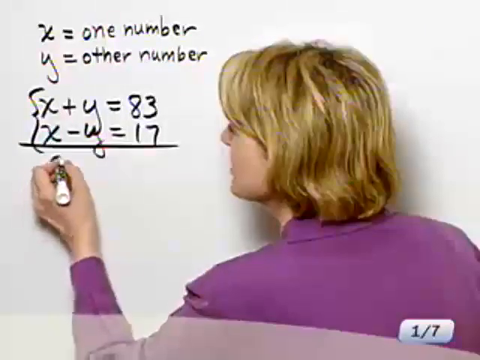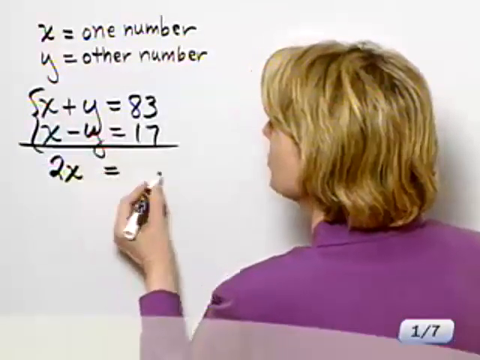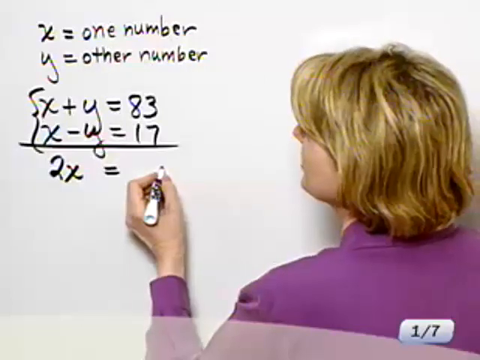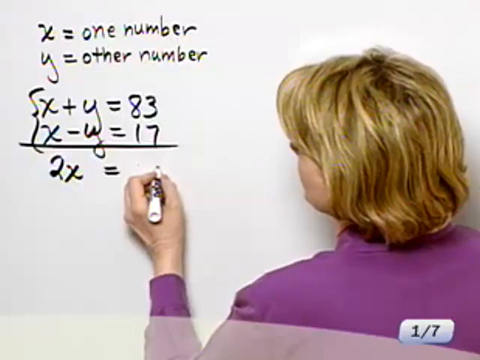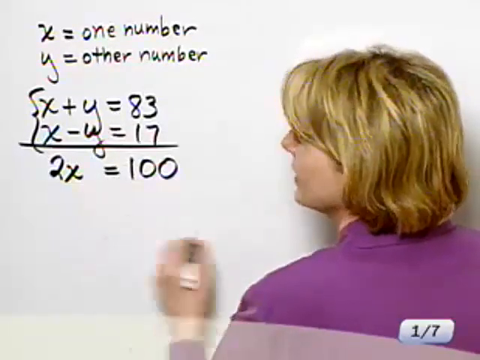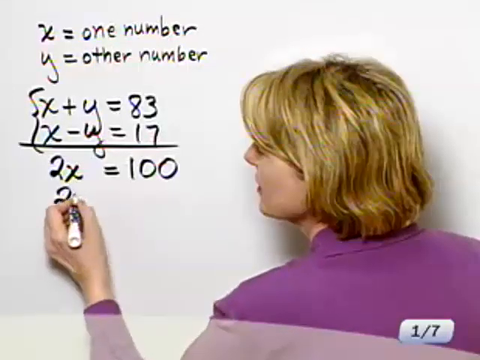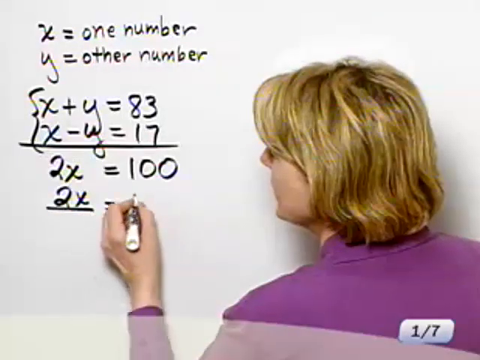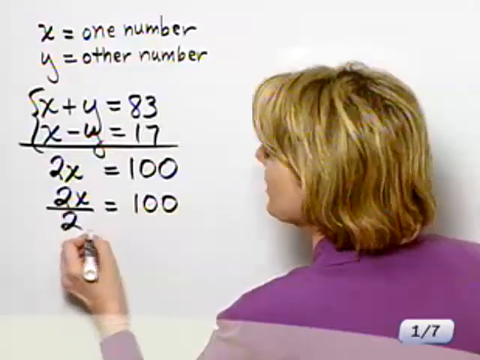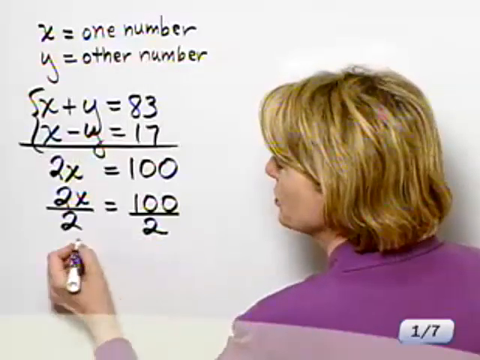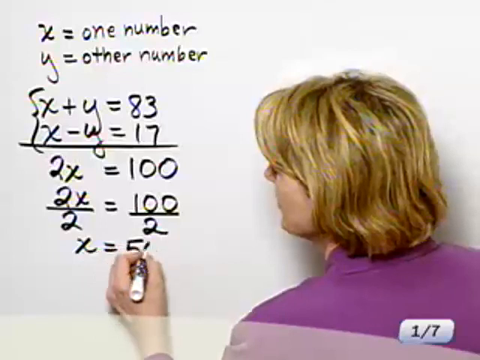So x plus x is 2x, and that equals 83 plus 17. Let's see, that is 100. And then to solve for x, on the left side and on the right side, I'll divide by the coefficient of x, which is 2, so x is 50.